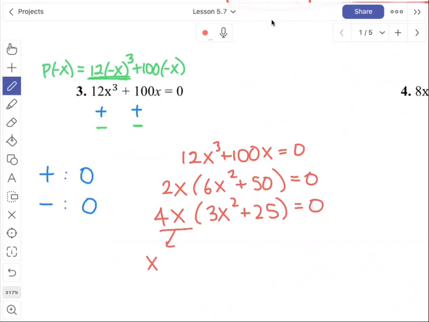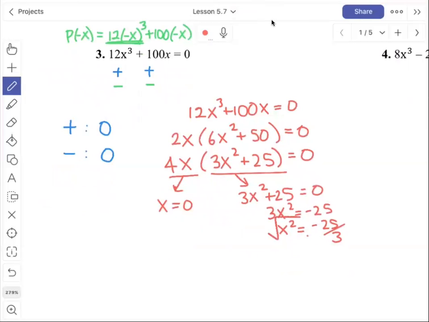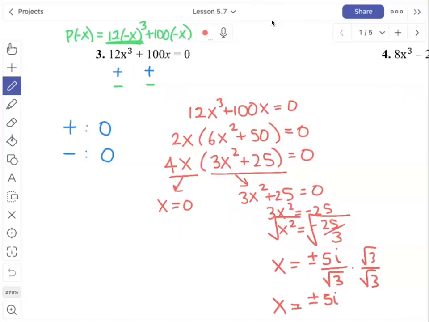Here I would get x is 0. Here I would get 3x squared plus 25 is equal to 0. And if I square root, I get x is equal to plus or minus 5i over rad 3, which gets me plus or minus 5i rad 3 over 3 when I simplify.